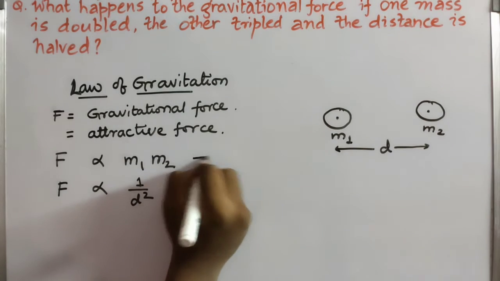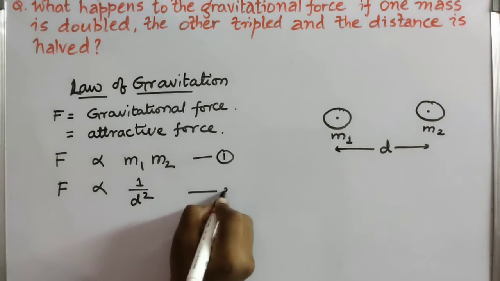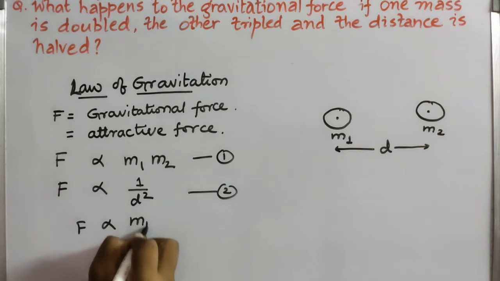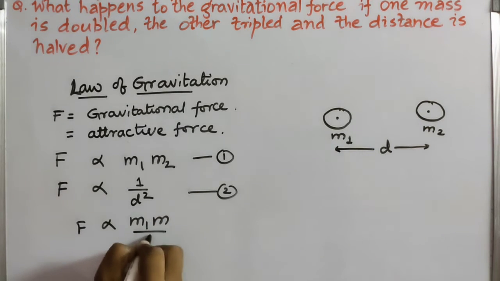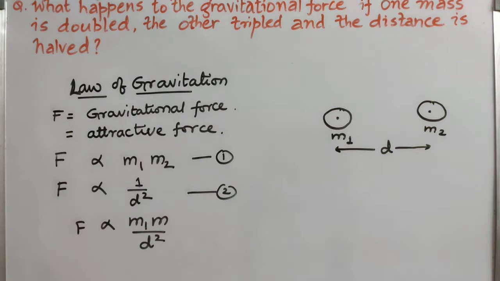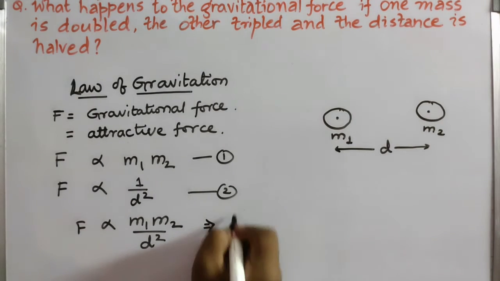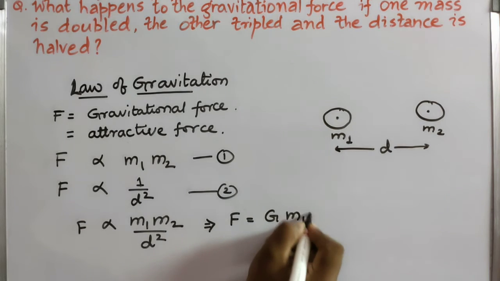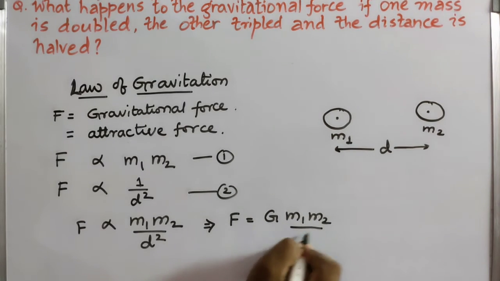By combining 1 and 2, we can write F is proportional to m1 m2 by d square. And in order to remove the proportionality, F is equal to G m1 m2 by d square.